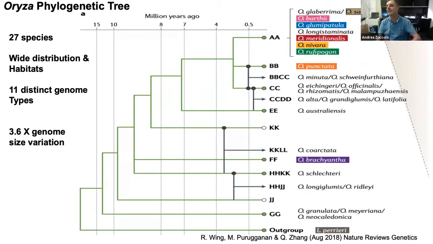And in this sense, the Oryza genus provides a wonderful system. It includes 27 species that are arranged in 11 distinct genome types. It includes 2 domesticated species, the Asian rice, Oryza sativa, and the African rice, Oryza glaberrima. The evolutionary history of the genus spans 15 million years.